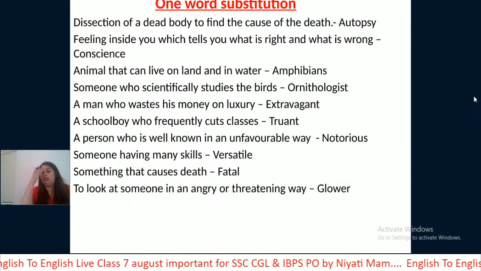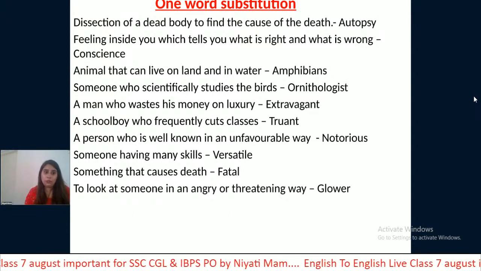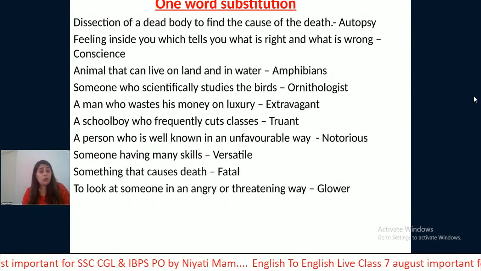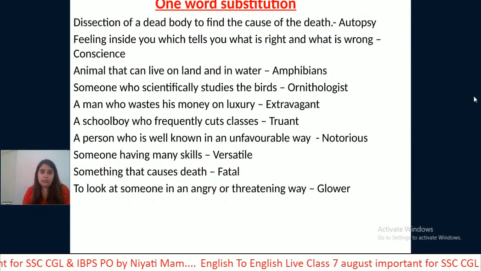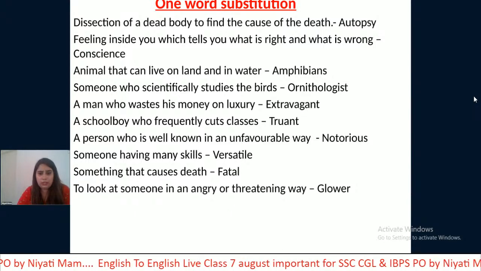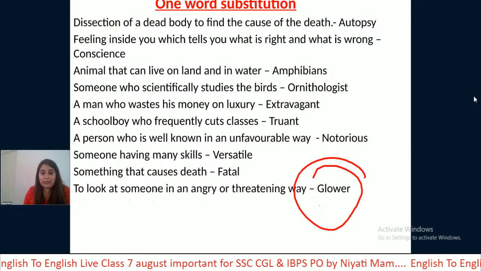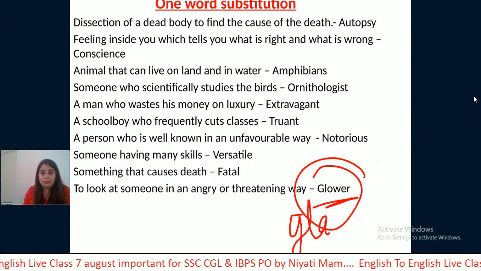Now, because time has a limit always, let us first complete one word substitution, right? And we'll be continuing this class in tomorrow's session. See here, the word glower is present and it has a synonym, glare.